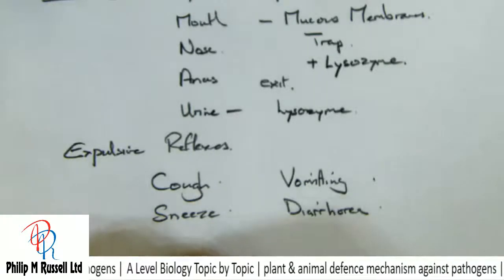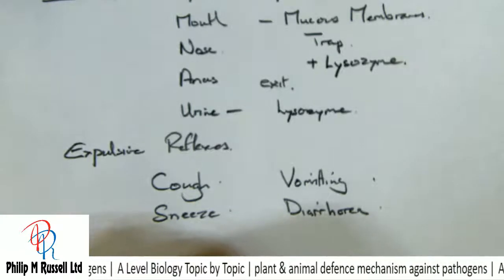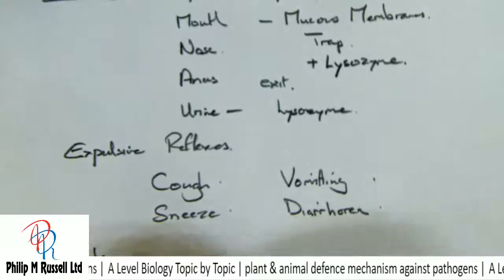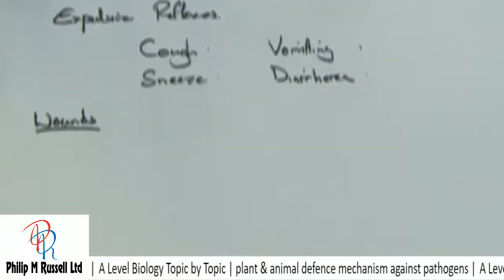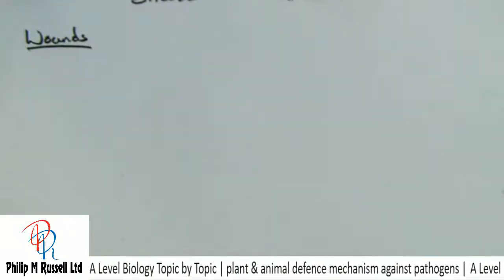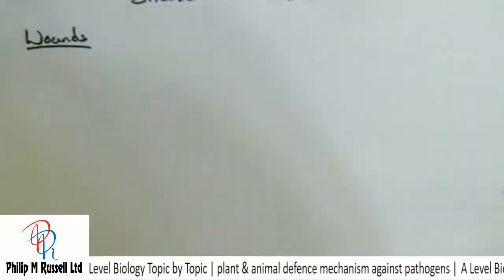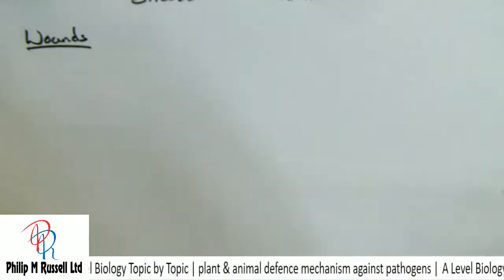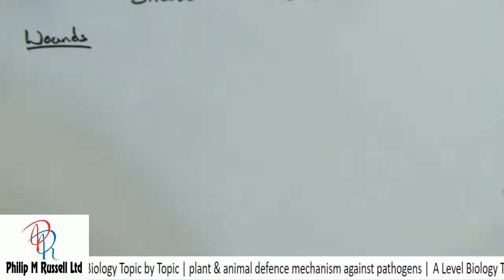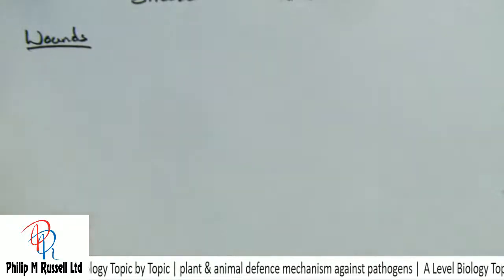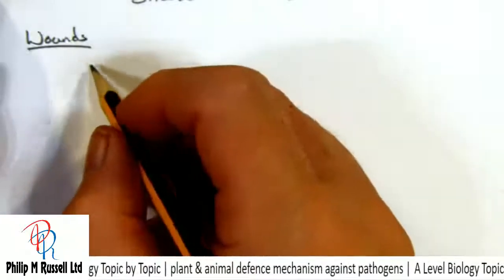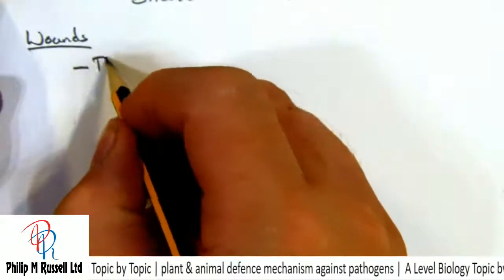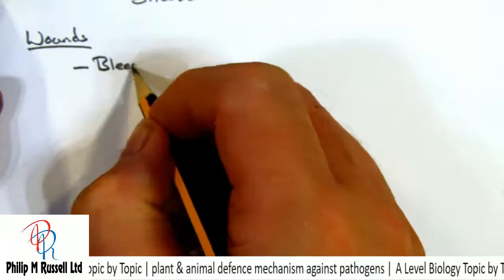So our next problem comes with wounds. Now, we've got problems here. As soon as the skin is breached, the pathogen's going to enter. So we've got various things here. The first one is bleeding.